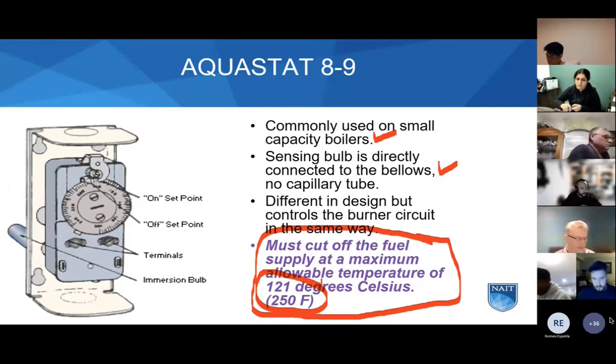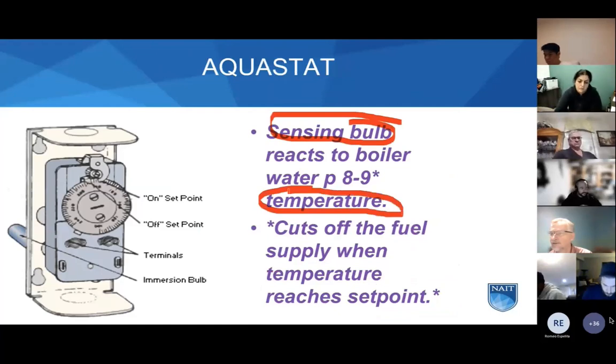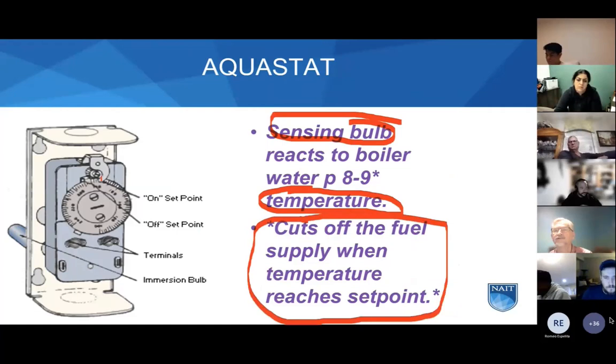That's right out of section 4 of the heating boiler code, operation of heating boilers. Okay, important feature to remember: the sensing bulb reacts to boiler water temperature and cuts off the fuel supply when the temperature reaches the set point that you set on the dial on the device.